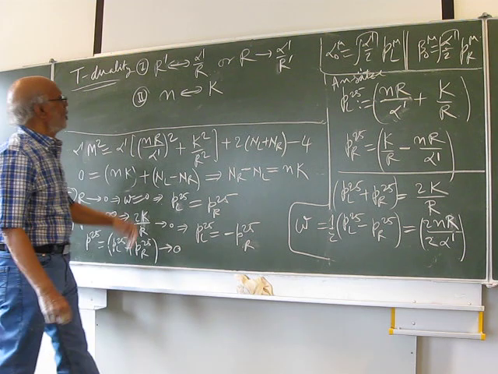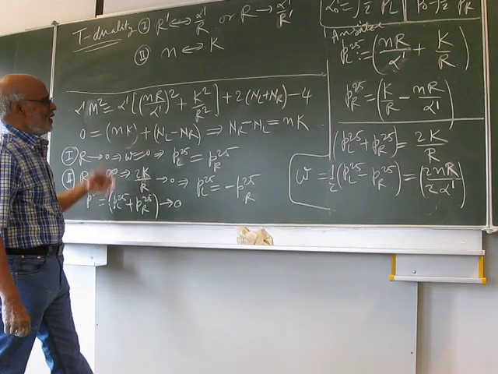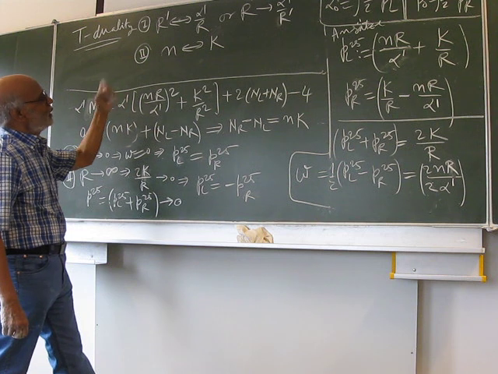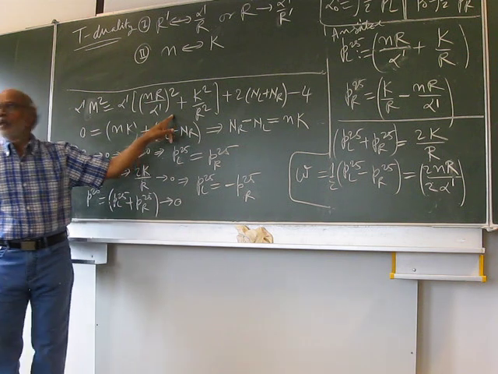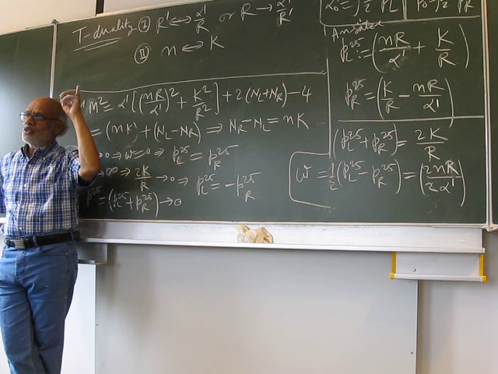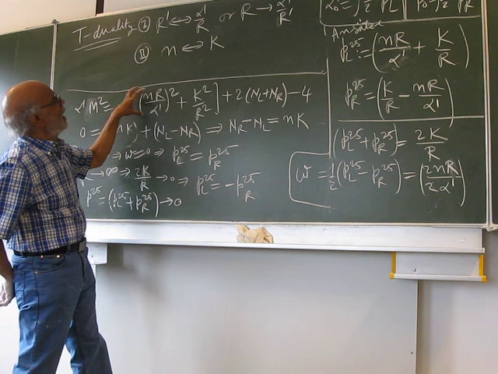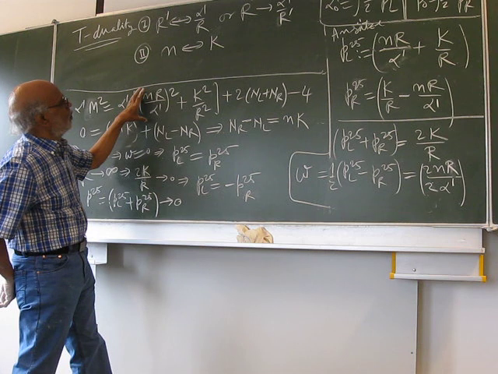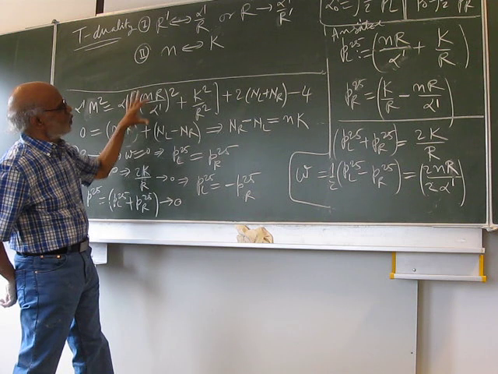So if you do this, then in your entire expression, some of the expressions are still here. If you do that, you will find that the right hand side of this equation would remain unchanged under this T-duality transformation, because this and R by alpha prime would give me K square by R prime square.